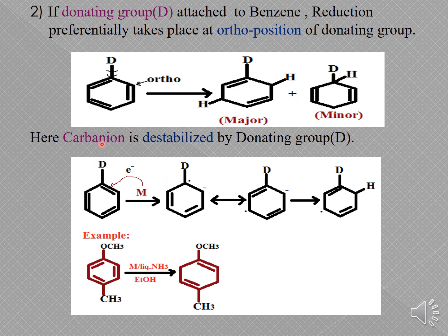If you see here, the carbanion will be destabilized by the electron donating group. If you take this as your starting material and treat it with the metal, it will lose the electron, so you will gain one radical over here and then a minus charge. Same thing happens here also.